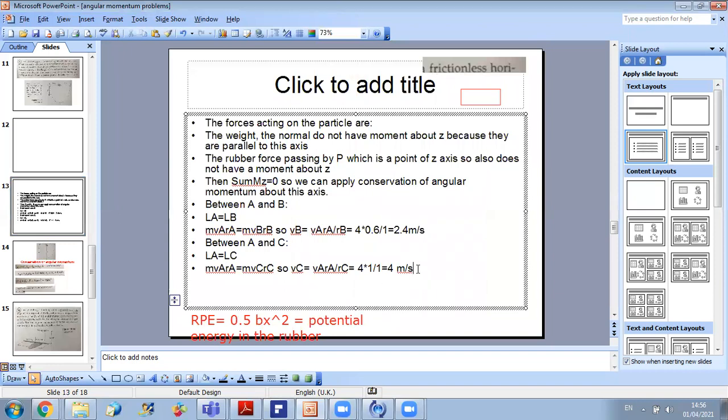So we have the only force doing work is the rubber force, which is conservative. So we can apply conservation of mechanical energy.